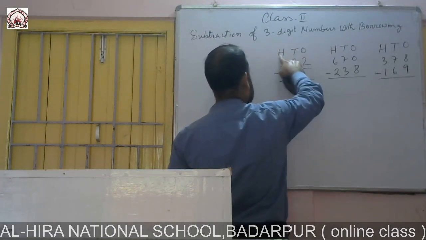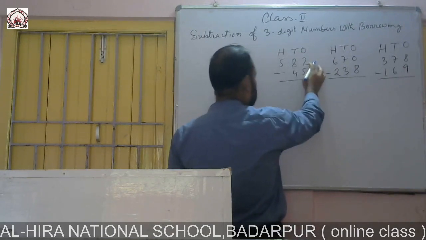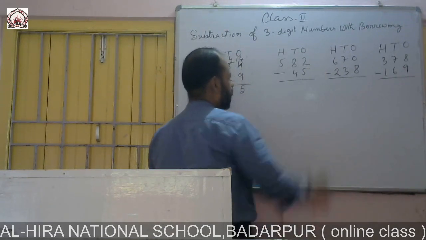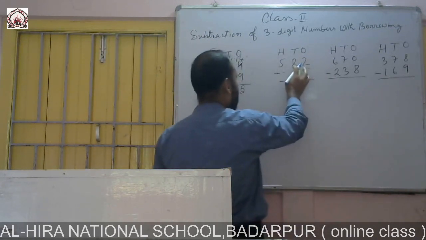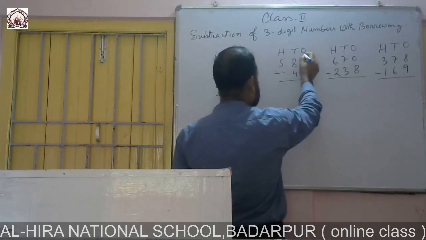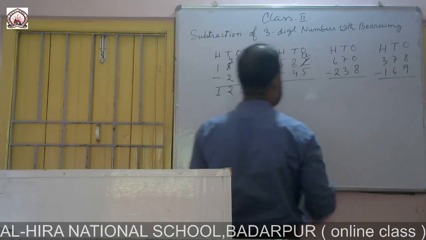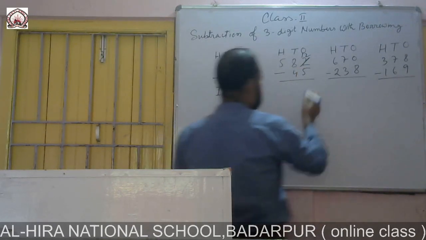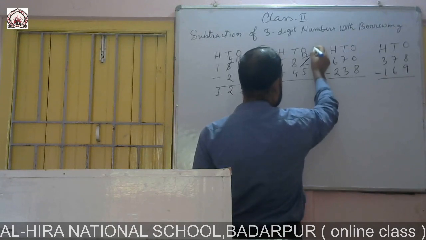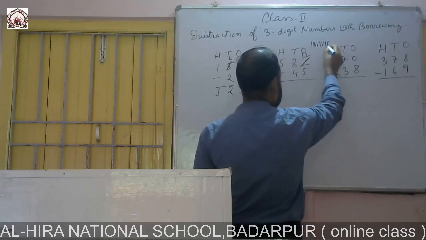Next example. 2 minus 5 we can't, because 2 is small and 5 is big. Then we borrow 1 from 8. Then there is 12, not 2. 12 minus 5: we use lines, 12 lines.